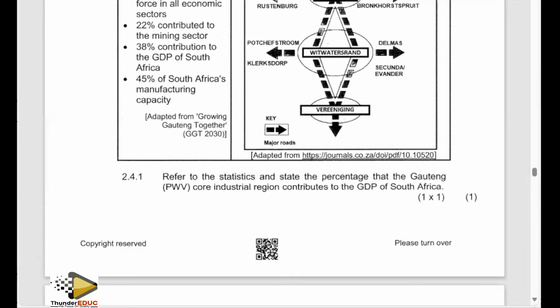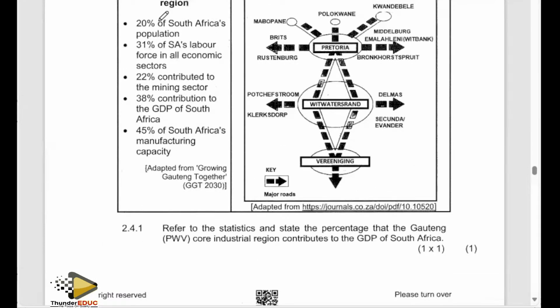How much is the industrial region contributing towards the GDP of South Africa? We find our response here. It says 31%, not this one, it says 38% contribution to the GDP of South Africa. So our correct response for question number 2.4.1 is 38% according to the statistics given on the infographic there. Right, we move on to the next question.